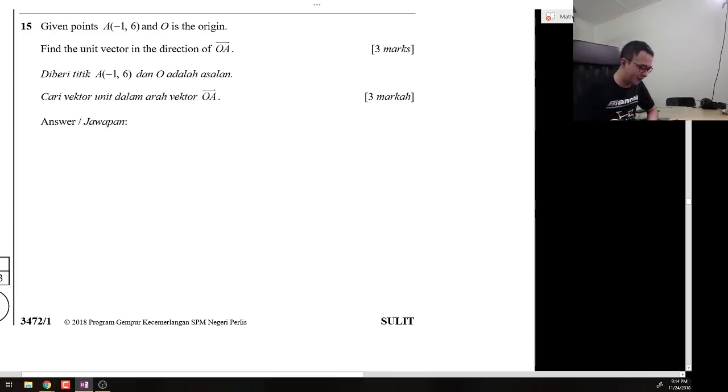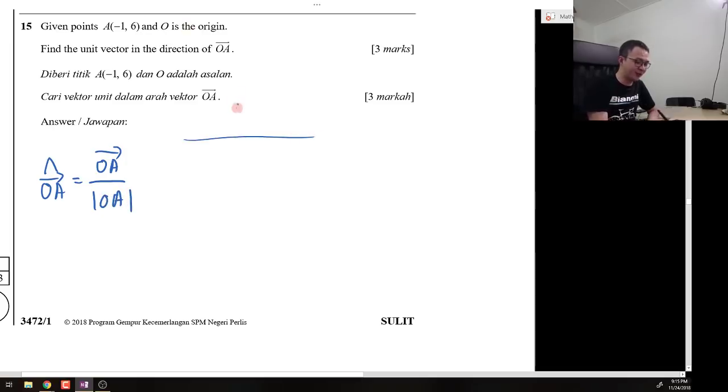Right, number 15. The unit vector of OA. You should know the unit vector of OA is equal to vector OA over the length of OA. If this is O and A is (-1, 6), then from O to A the vector is very easy: -1i plus 6j.